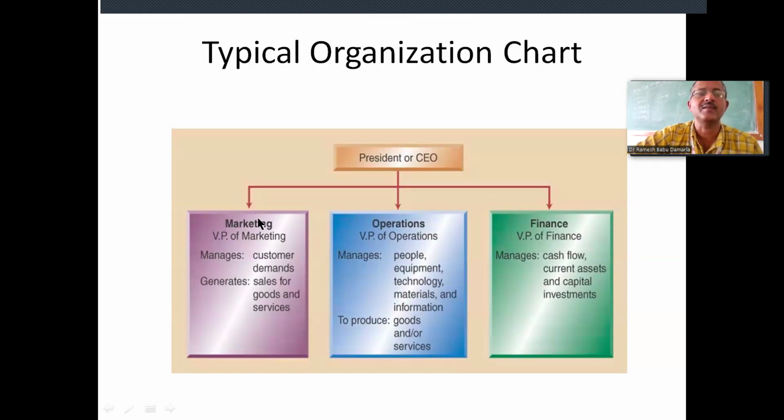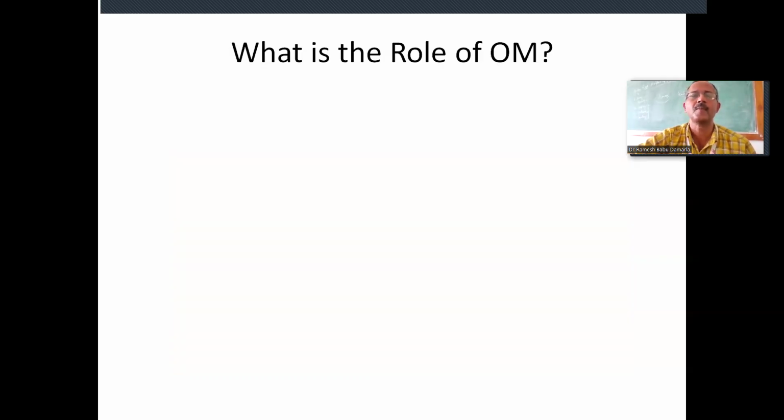In this chart, you can see marketing will know customer demands and they generate sales for goods and services. Another important function is finance, which manages cash flow, current assets, capital investments, and many more things. They're all interlinked. So the production operations team must know the requirements of the consumer through the marketing team and financial aspects in coordination with the finance and accounts department.